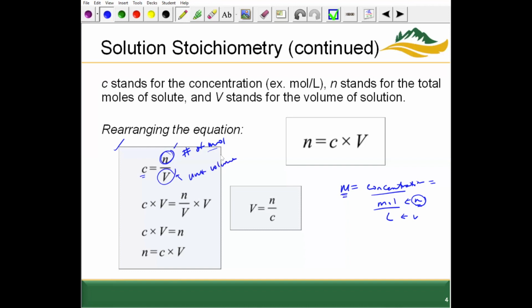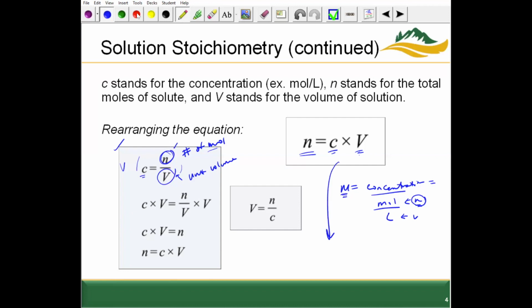From there, we can rearrange this equation. We can also have the number of moles equal to the concentration times the volume, multiplying both sides by the volume.